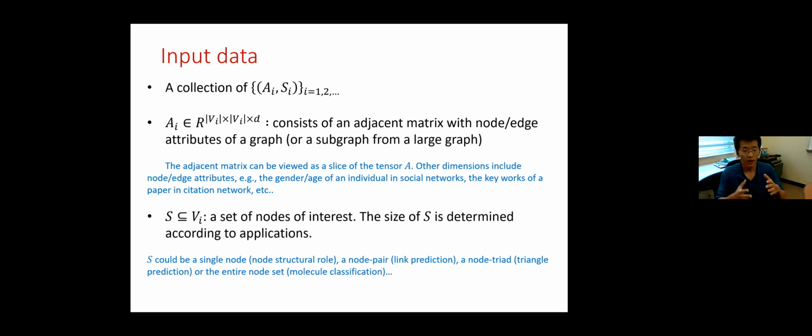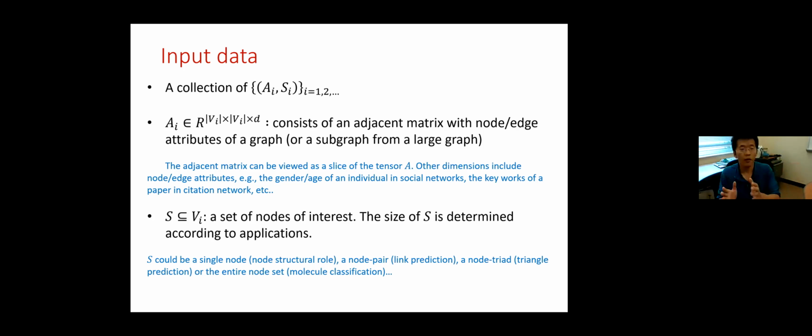And of course, this graph structural data, this tensor A, may contain the adjacency matrix, which we can just view as a slice of this tensor. And the other dimensions may correspond to node features or other attributes that you may have in this graph structural data. Of course, all of this just depends on your applications, whether you may have these attributes or not.